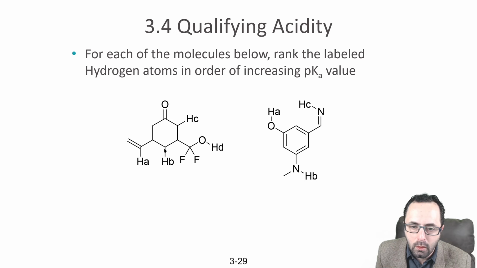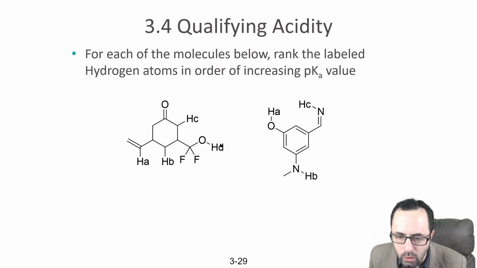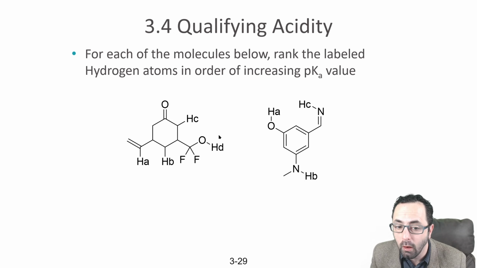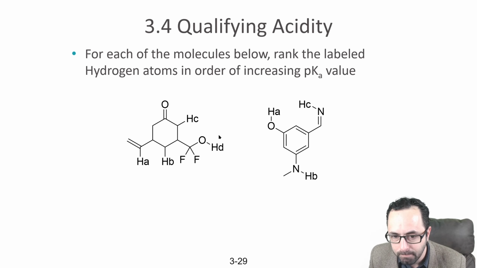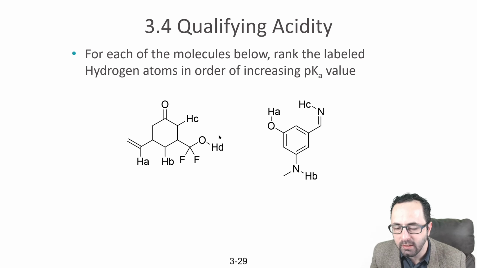All right, well, let's compare these now. First, we're going to focus on atom. Atom, right? ARIO: atom, resonance, induction, orbital. In terms of atom, the HA, HB, and HC are all connected to a carbon atom.